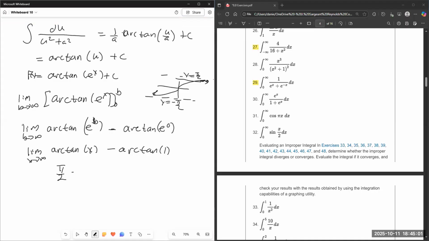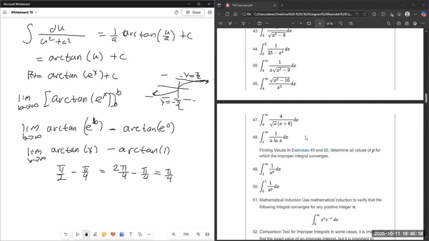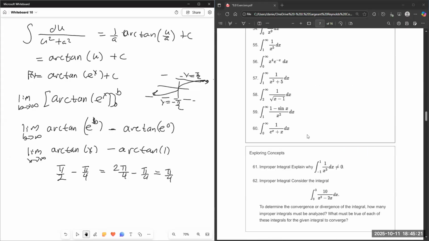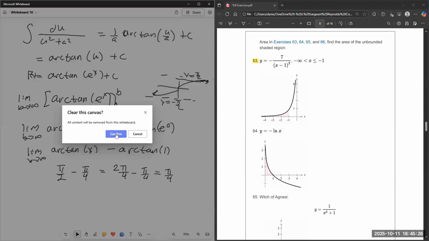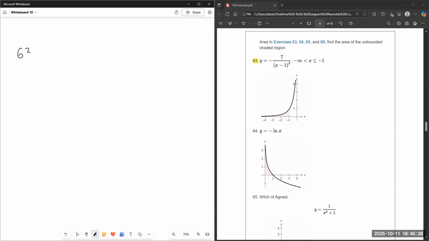And minus pi over 4 is 2 pi over 4 minus pi over 4, which is equal to pi over 4. So now at 63, y equals negative 7 over x minus 1 cubed.